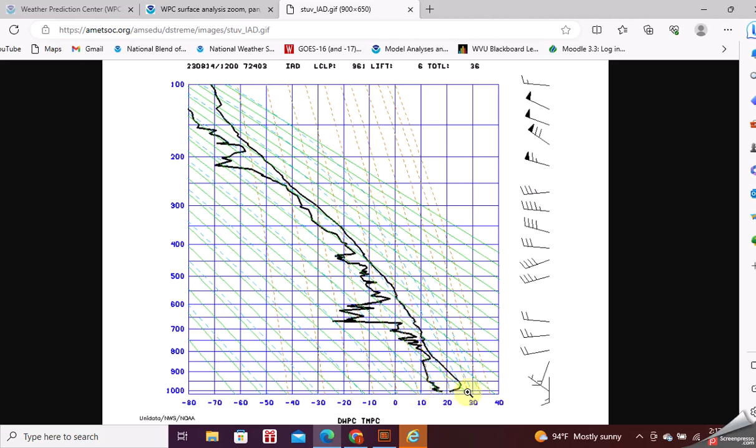So I know the temperatures and I know a dew point. This is my dew point. Notice the dew point's always going to be a little lower than temperature. It may be exactly the same. It'll never be higher than temperature. So the further apart they are, the less moisture is in that area, the drier the air is. The closer they are, the wetter the air is.